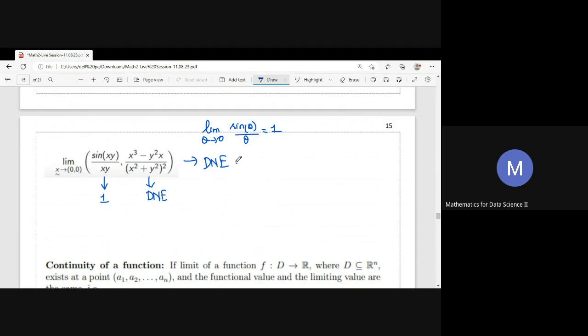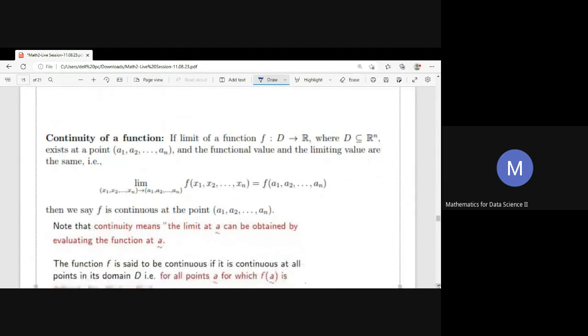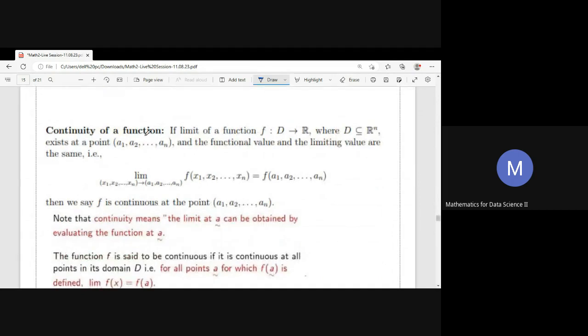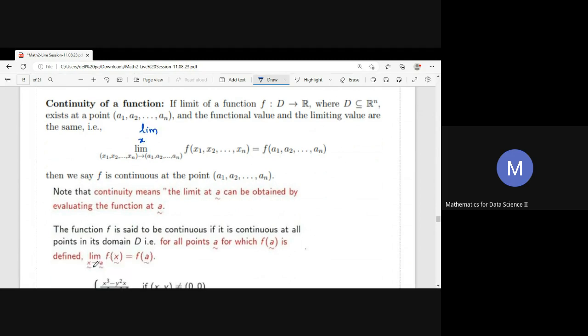Okay. So in the next concept, we are going to continuity of a function. What is continuity of a function? The exact same definition, just like you have used in the scalar valued one variable functions. So limit x tilde going to a tilde, f of x tilde is equal to f of a tilde.